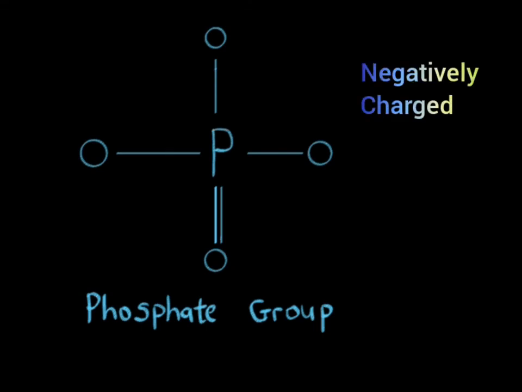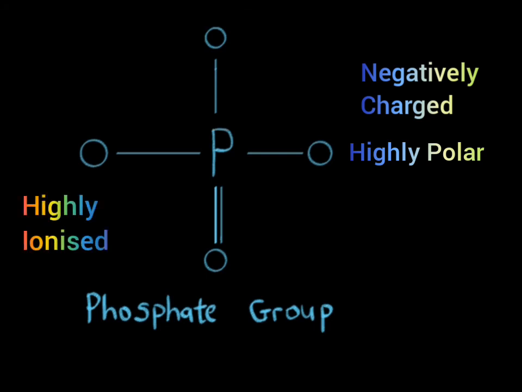Due to that, the phosphate group is a highly polar group, because it is combined to 4 oxygen atoms which are highly ionized. As a result, it is in a highly polarized state. These highly ionized oxygen atoms impart a negative charge to the phosphate group.